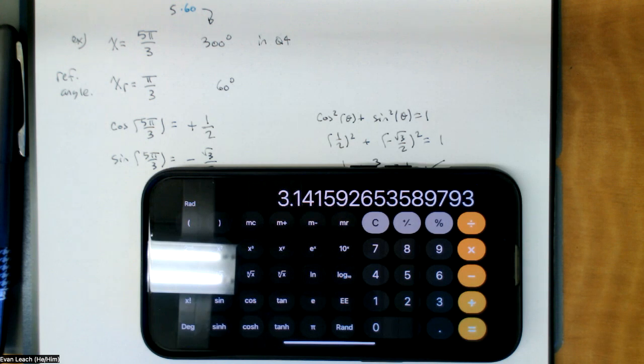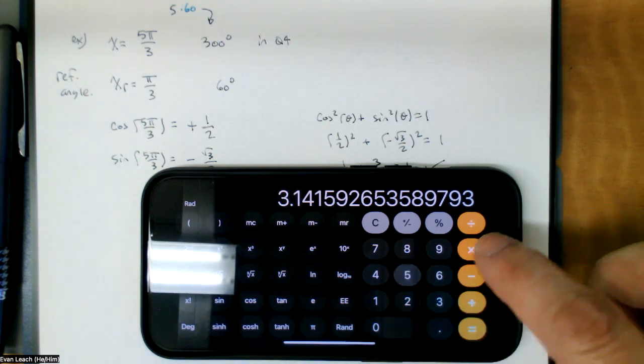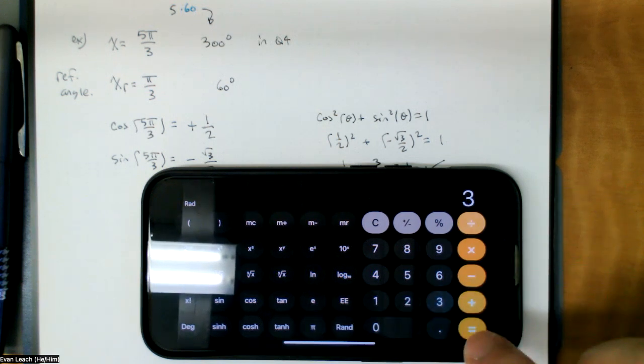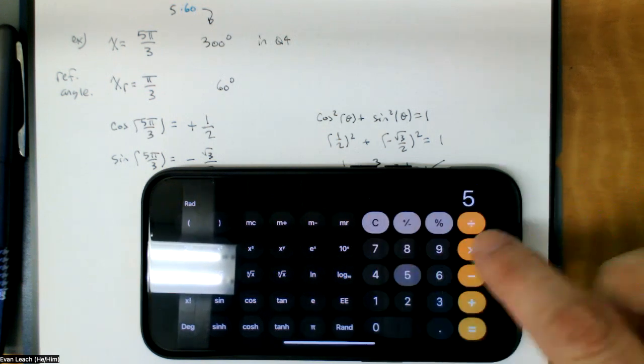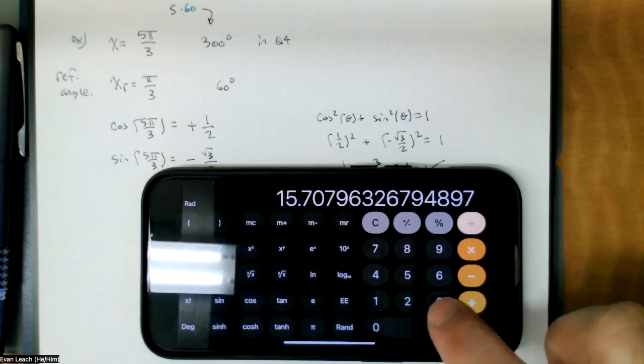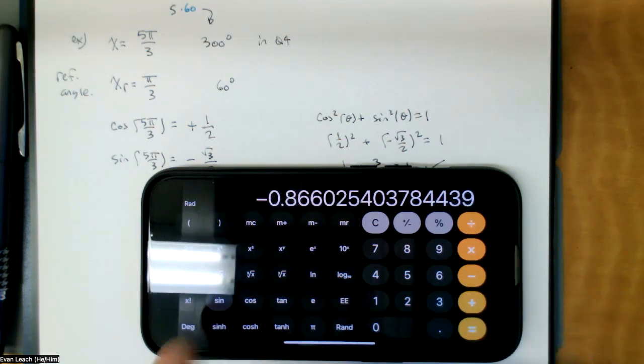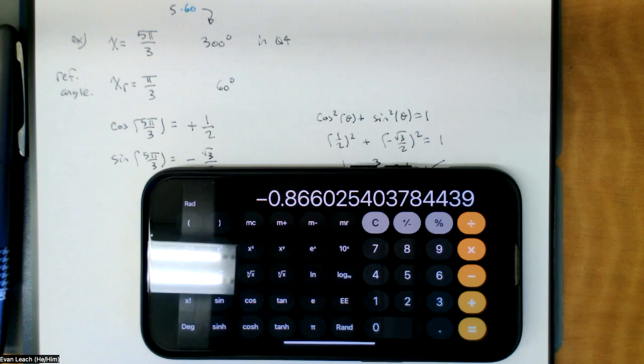The reason that we want to recognize some decimal equivalents is we know what our list of possible answers are. We know 0, a half, root 2 over 2, root 3 over 2, or 1. If I happen to do the sine of 300 or 5 pi divided by 3, I would get 0.8660, and I would want to recognize that number as my calculator saying the square root of 3 over 2.